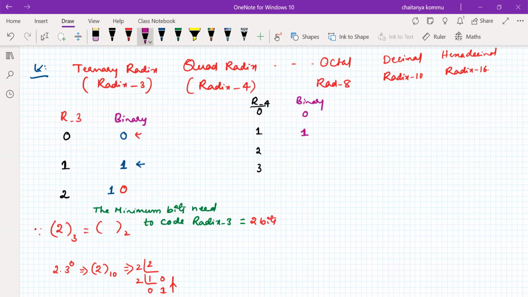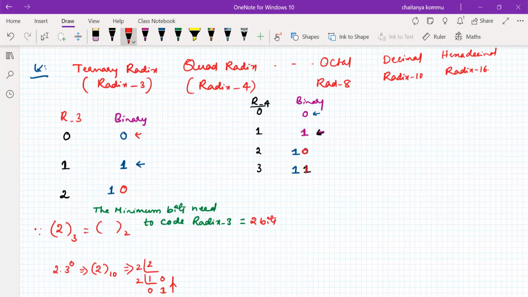But in radix 4, how do we represent 2 digits? Take this one as the MSB bit, take the first one as the LSB bit. Take LSB as 1, and we have 3 also, so again we have to take 1. Another possibility is that we take the next one 1.